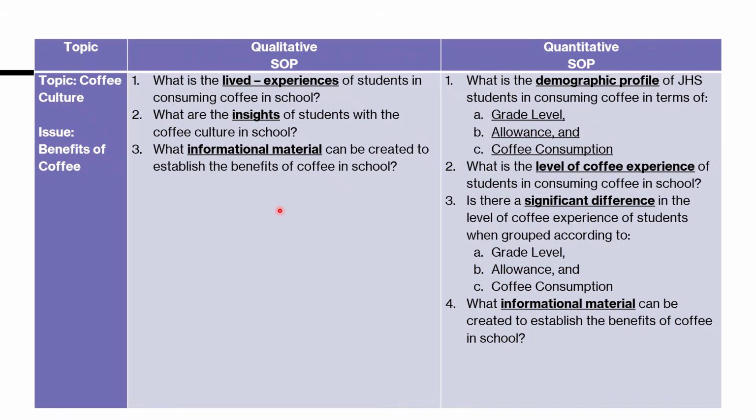When you say informational material, it is very objective. Sometimes the information could say there are no benefits of coffee for students in school. So it could be negative information, but make sure that it's objective. But it would be supported by your research, where you have gathered the data from the lived experiences and the insights. So that's how you work on qualitative.